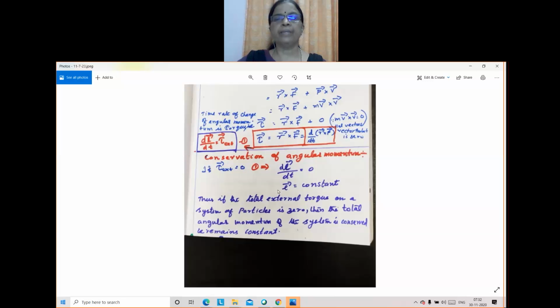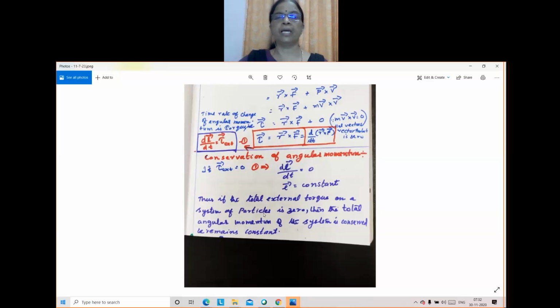That means L, angular momentum, is constant. That means the body will rotate around the axis with constant velocity. No acceleration will be there. It will rotate with a uniform velocity. L is a constant. No external torque acts on the system, so angular momentum of the system is conserved. L is equal to constant.